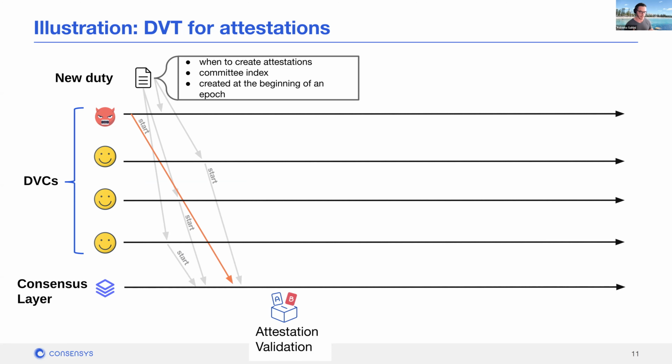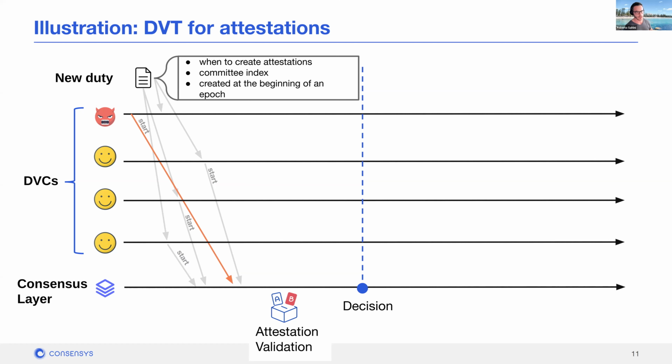What's going to happen then is that the consensus protocol ensures the property we saw before and performs attestation validation on whatever is the decided value. Eventually, a value is decided. Basically, all the honest nodes reach the same decision on the value of the attestation that needs to be created.